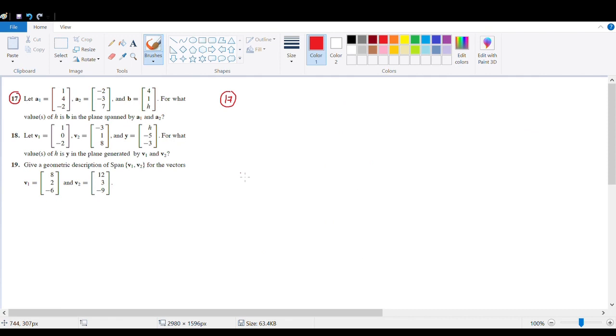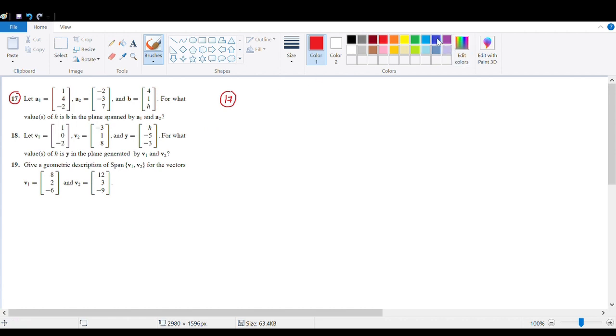In problem 17, let a1 is equal to 1, 4, minus 2, a2 is equal to minus 2, minus 3, 7, and b is equal to 4, 1, h. For what values of h is b in the plane spanned by a1 and a2? So if we have two vectors a1, a2, and the vector b, we need to choose a value for h that makes our system consistent, or that makes b in the plane spanned by a1 and a2.